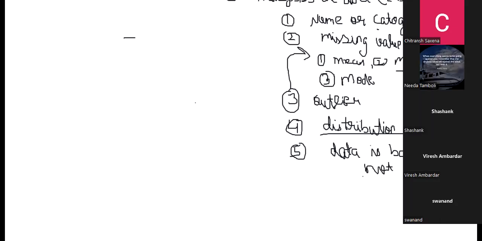Suppose you have a target variable like this: 0, 0, 1, 0, 0, 0, 0, 1, 0. So count the zeros: 1, 2, 3, 4, 5, 6, 7. You can say there are 8 zeros and 2 ones.